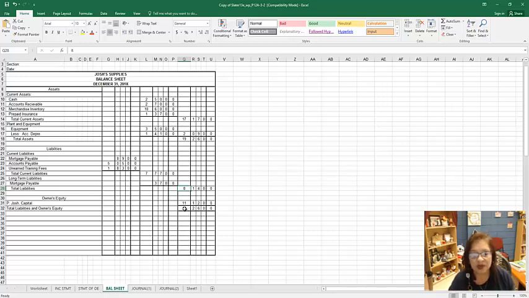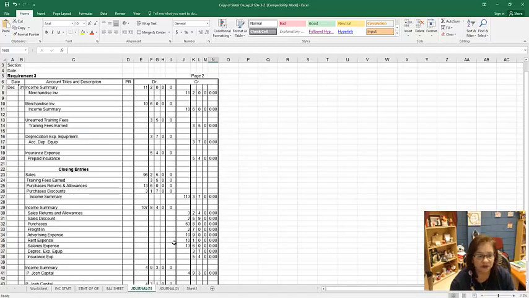You balance out to the $19,260, which is, again, the same amount as your assets. Because remember, the formula that we have, assets equal liabilities plus owner's equity. So here's your assets equal liability plus owner's equity. They balance out.